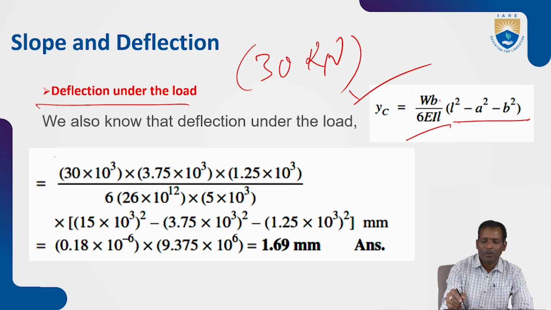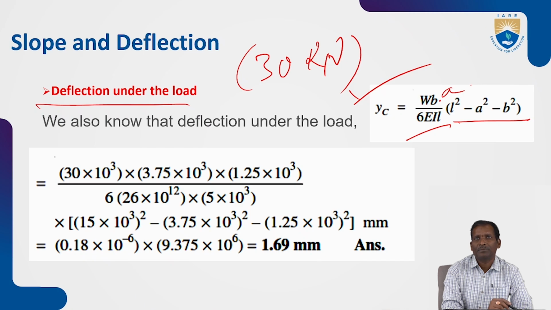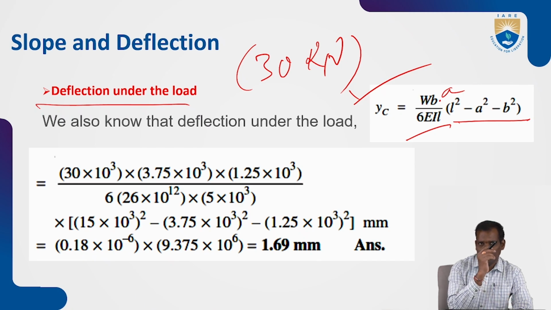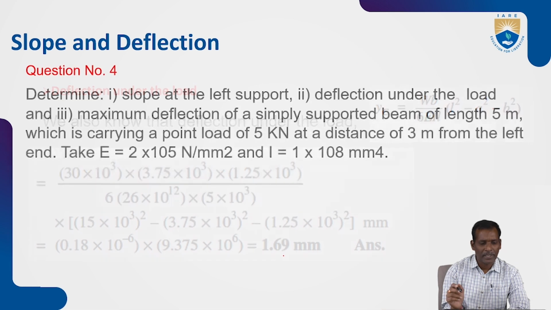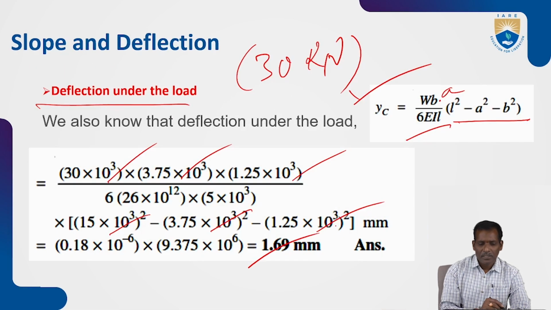Here WB into A will also be added. So substitute all values: W you know, B value and A value you also know, and then L square, A square and B square. So we will get the deflection under the load, 1.69 mm. Clear? So like this you need to attempt the given question in the examination.